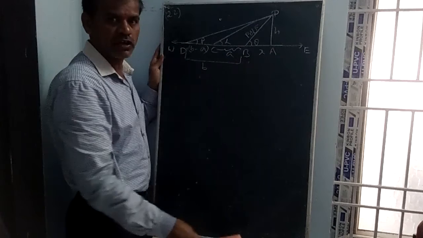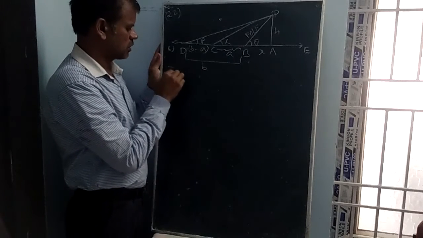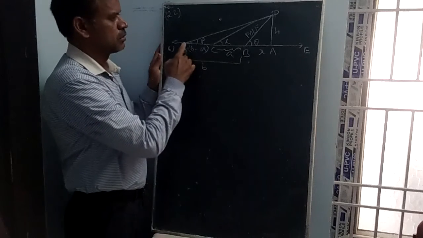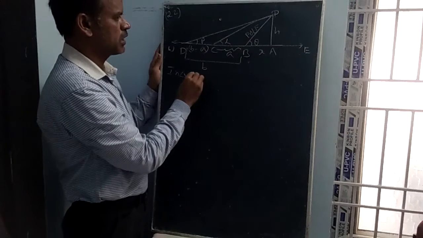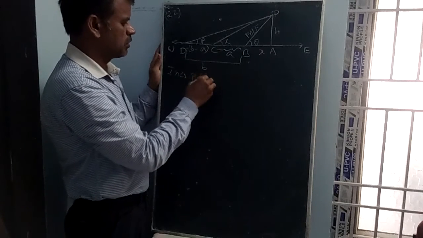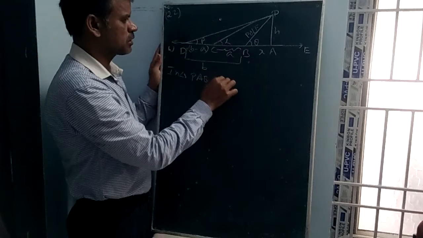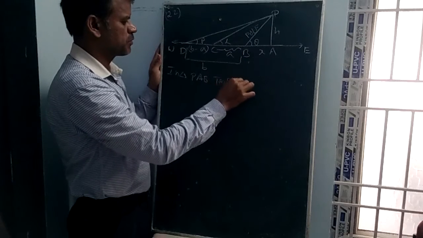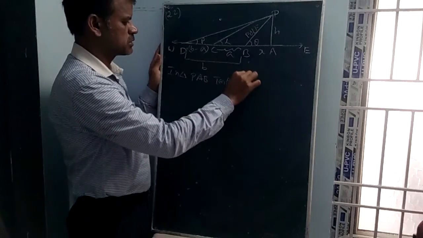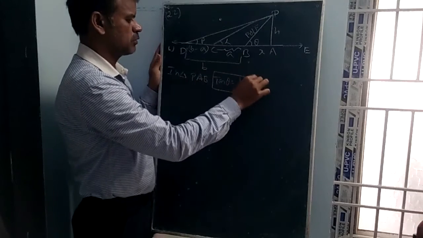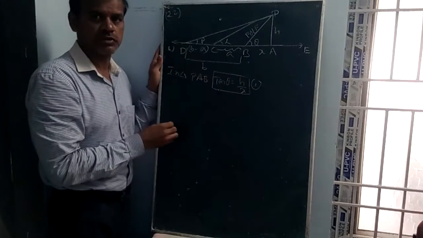Now in the small triangle PAB, tan theta is equal to h by x. This is very useful, so let it be the first equation.